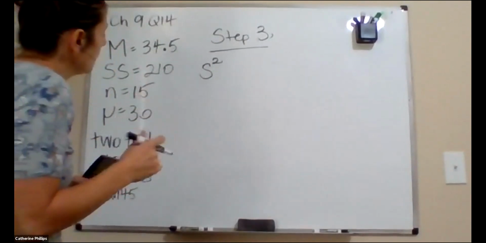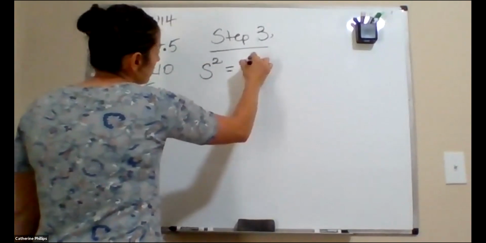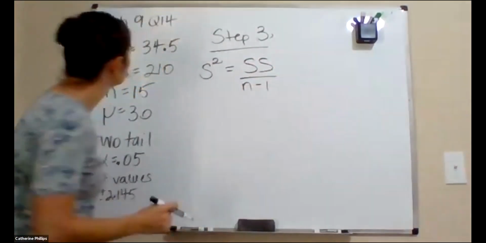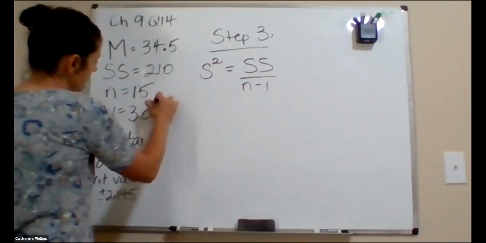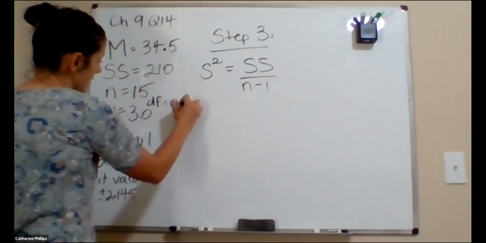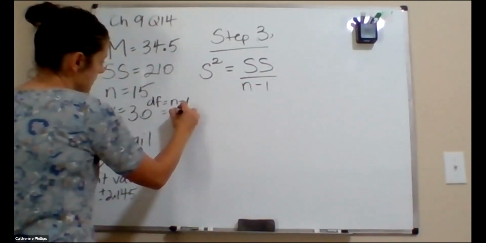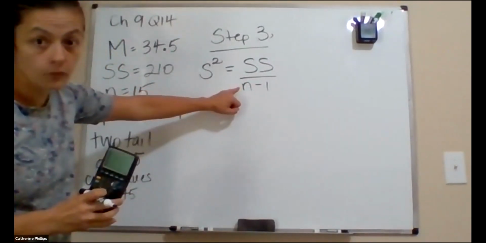Here, sum of squares divided by n minus 1. Now note, when we calculated our degrees of freedom, it was n minus 1, which was 15 minus 1, which was 14. This isn't coincidental.